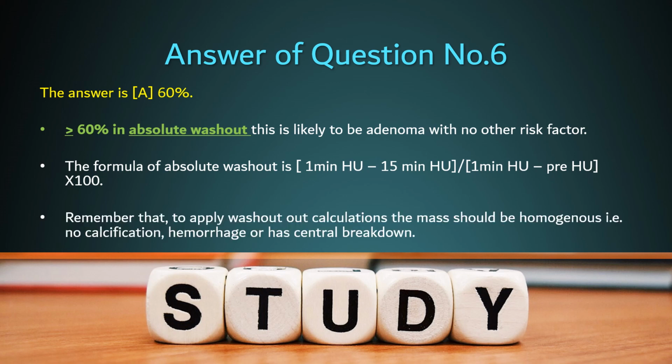But remember that to apply the washout, either absolute or relative washout, you should have a homogeneous mass lesion. That is to say, there is no calcification or hemorrhage or cyst or central breakdown. Otherwise, you will get inaccurate results.